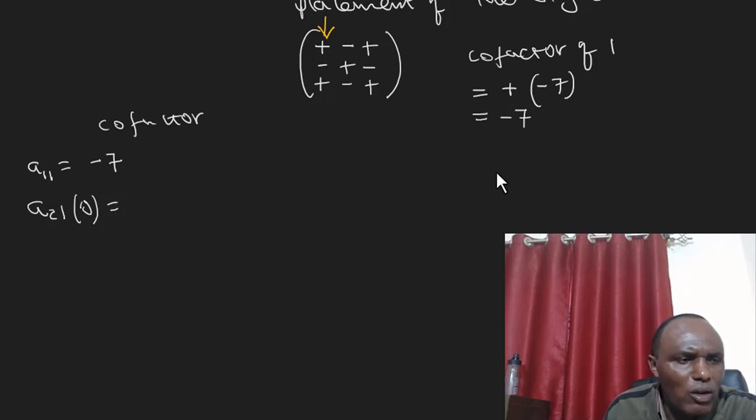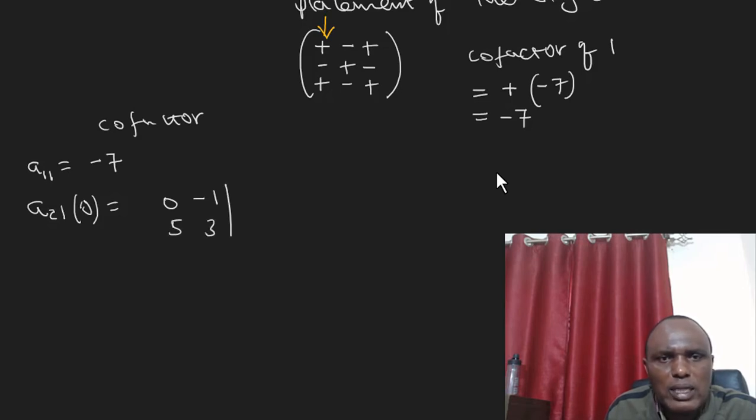You remove the column and the row that is touching 0, therefore we will end up with 0, -1, 5, 3. You get the determinant of that matrix, and then because the sign is negative, you put a negative there, and finally what we get, a negative of -5, you get +5.